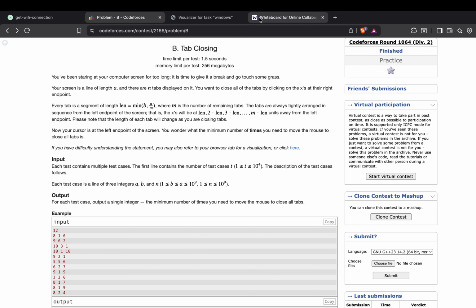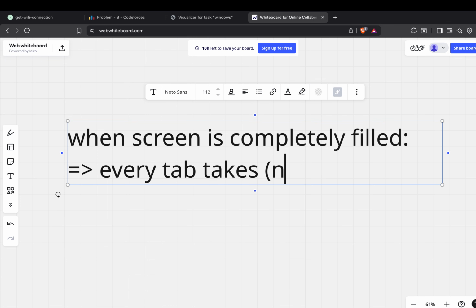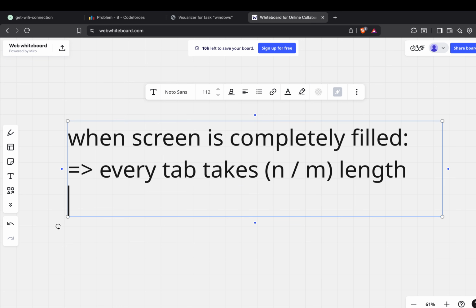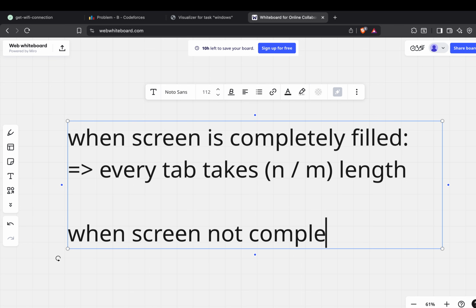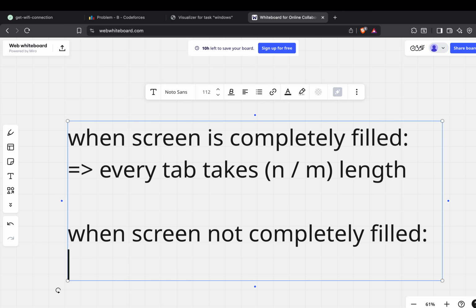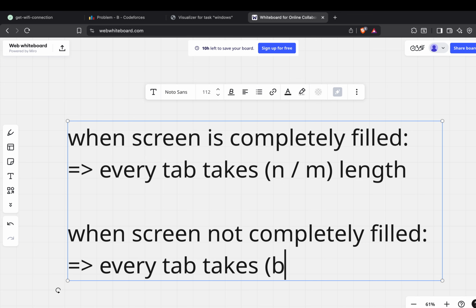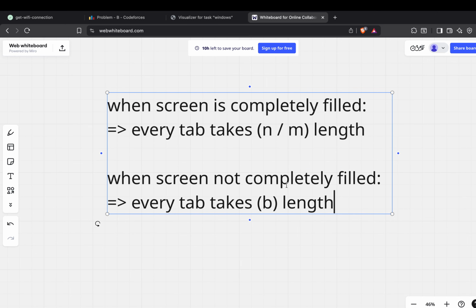A is the total length and M is the number of tabs. A by M length. Okay. When the screen is not completely filled, every tab takes B length because that is the maximum length that can be taken by a tab.